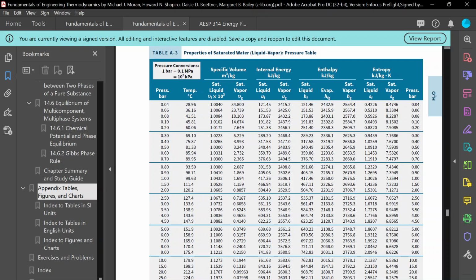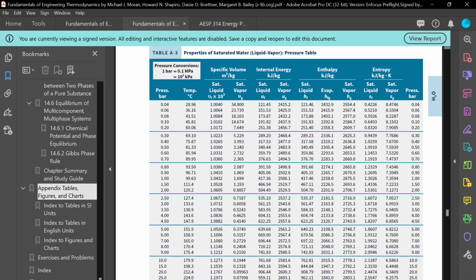Is this the only thing we need? This line, right? That's 0.008 megapascal. That's 0.020, so 0.08 bar right there. You're right. Sorry. This one, yeah.